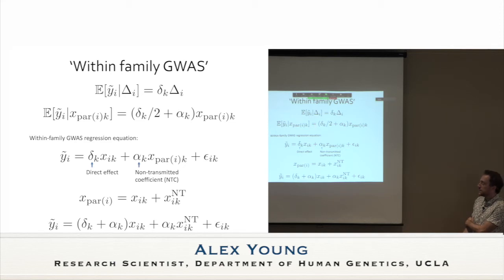You're adding the right-hand side? So I'm just adding these together, and then if you combine this term with the delta k bit of this term, you get the individual's genotype back, and then you have the alpha k times the parental genotype, and then because you're adding 2 independent regressions together, it's equivalent to a joint regression on both of these. The residual term is just whatever is uncorrelated with those 2 terms.